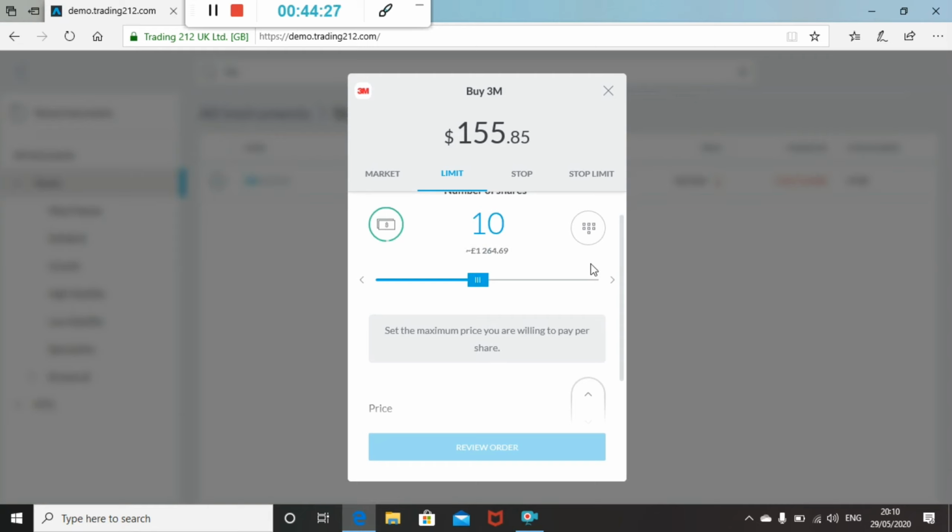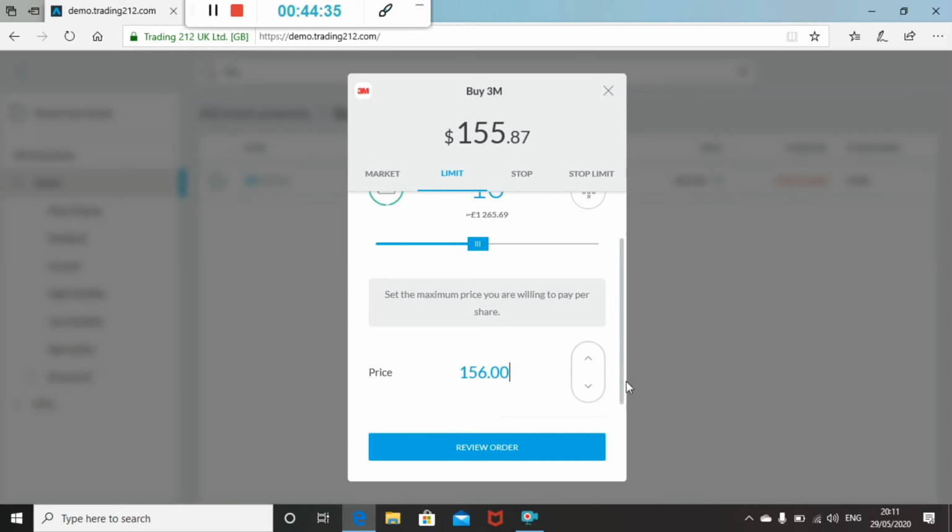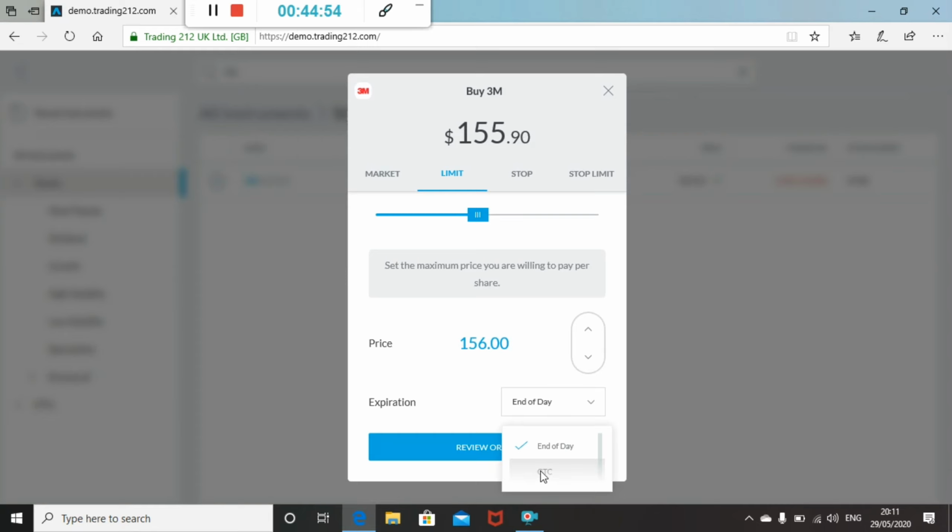So let's say we don't want to pay more than 156. And then at the bottom, you have the option to set an expiration. So you can either have it for end of day. So that trade will, if it hasn't been executed, if the price is never met, if it cannot get you that trade under that limit, then it will expire at the end of the day.